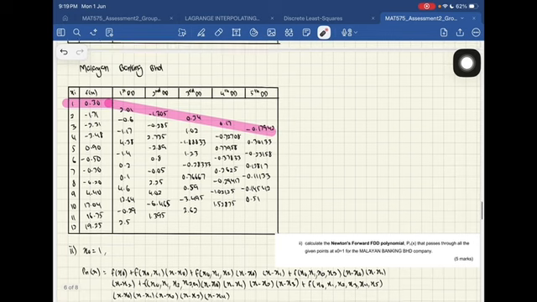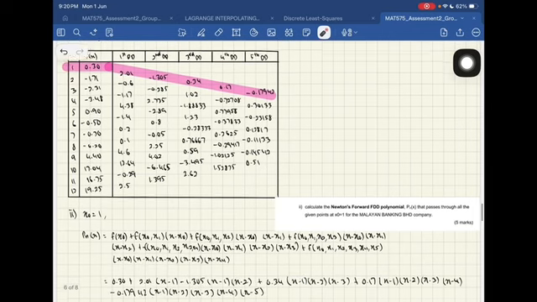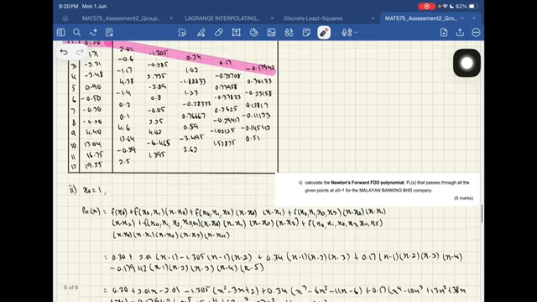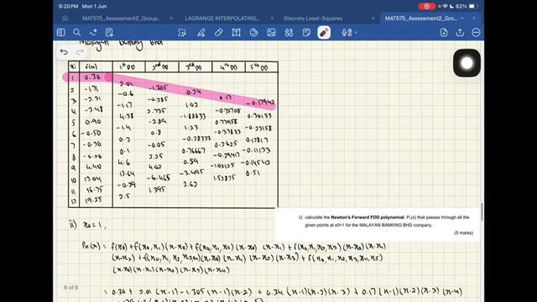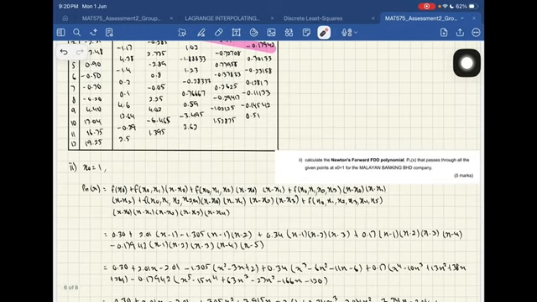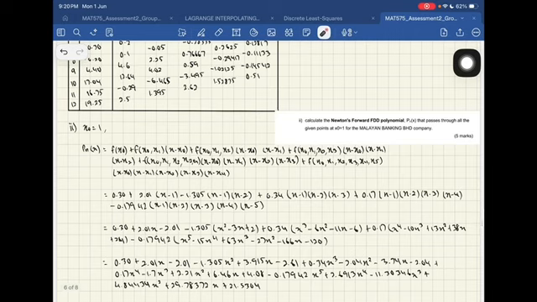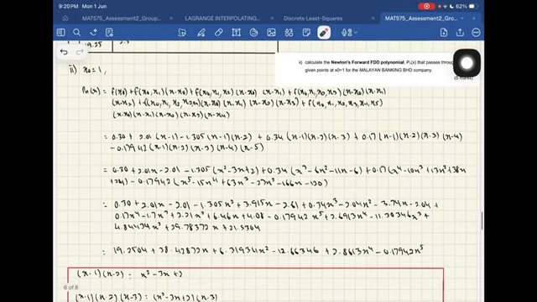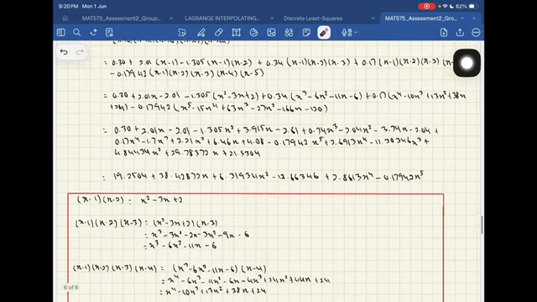So this is x0, this is x1, and so on. After you highlight the data that you need, you just put the data in the equation like this, and you will get the answer.